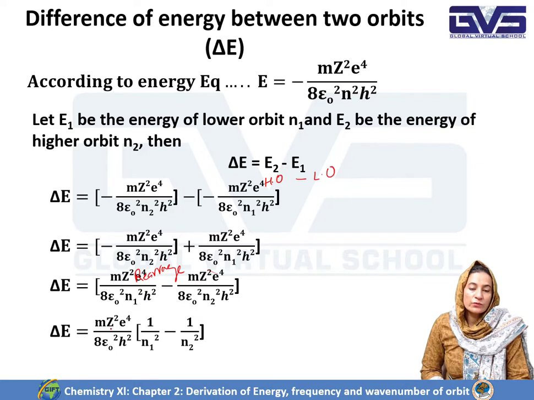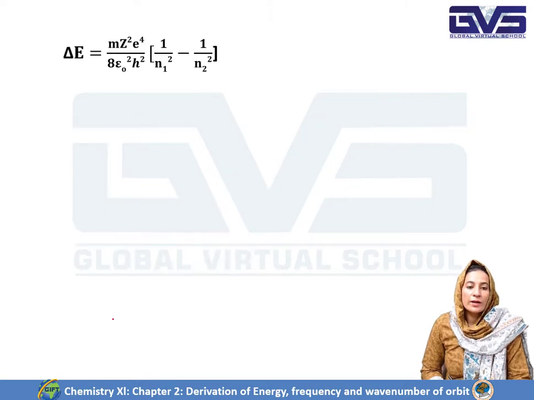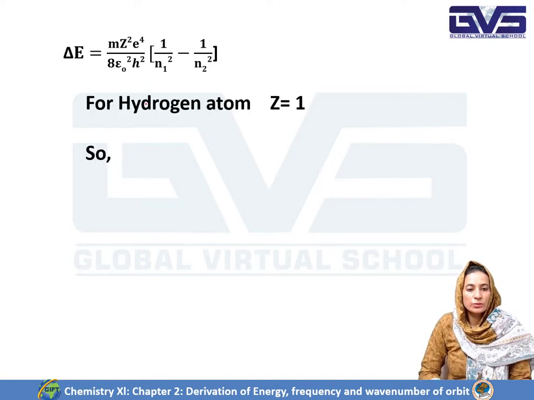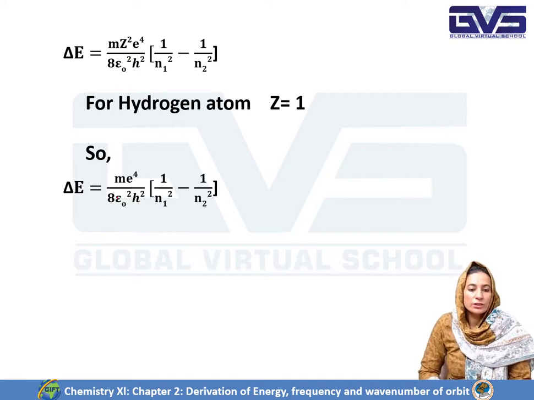And if you are using it for hydrogen, this factor will be 1. So keeping the common factors out, for the hydrogen atom you have to keep the atomic number 1, and now you get the equation in this way.